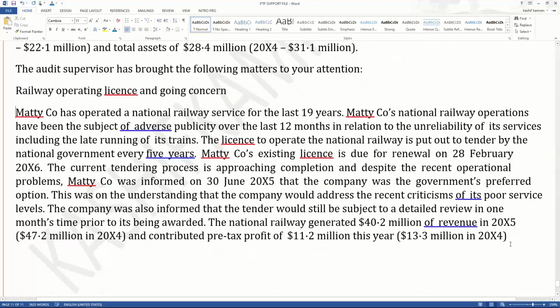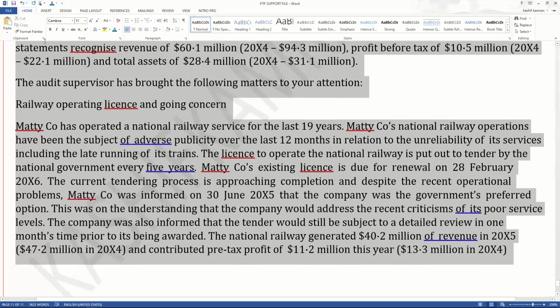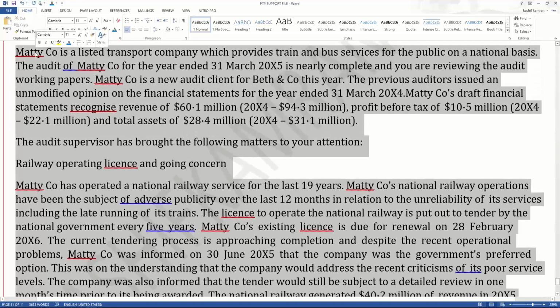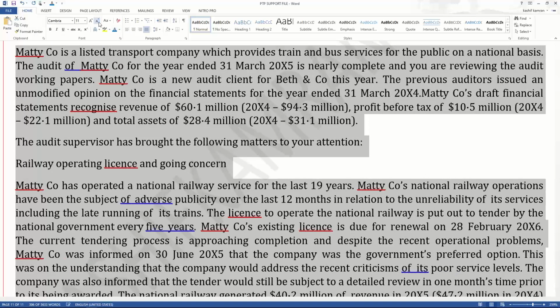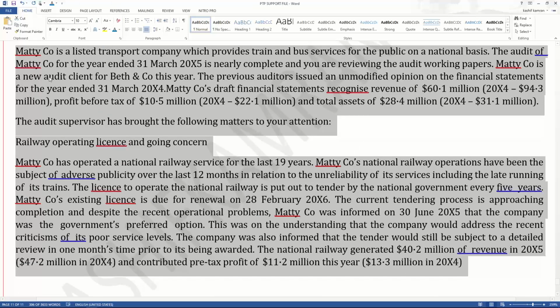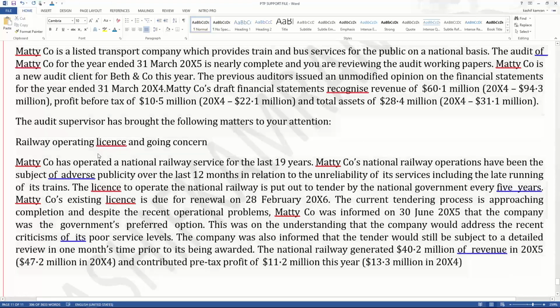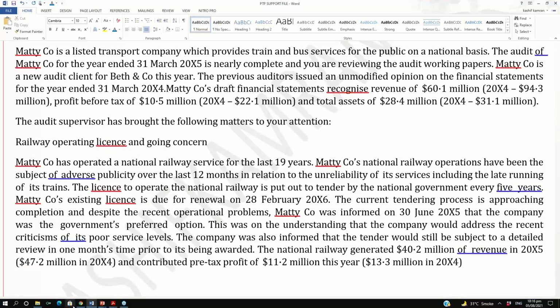Okay, can you see this on your Word file in front? I've just copied that from the practice platform onto my Word file, so I get some space to do a proper analysis with you.